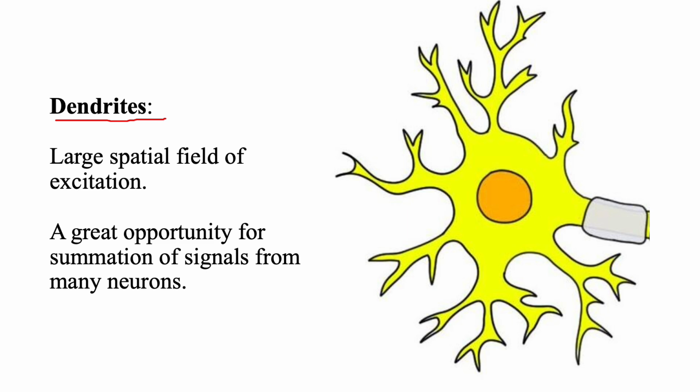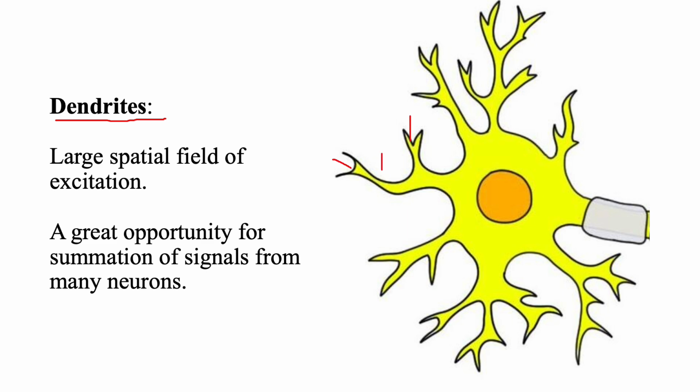Let's start talking about the axodendritic synapse. You can see here that the dendrites are branching everywhere, so the spatial field is very large. There is a higher opportunity for an increasing number of synapses, and then a greater opportunity for summation.